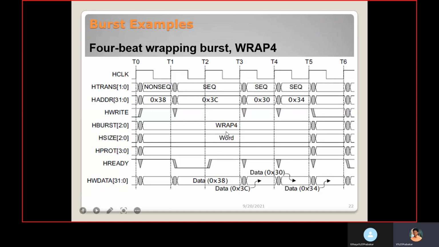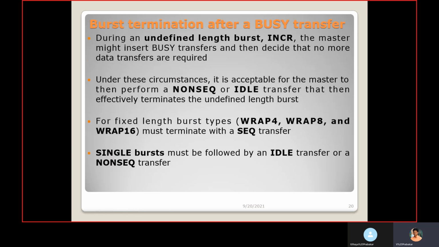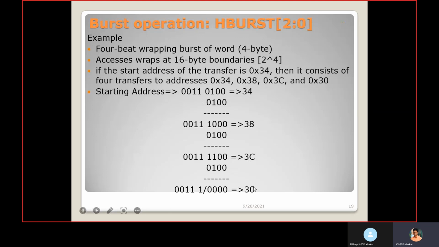You see the size is nothing but word. It will start with a non-sequential transfer. The burst starts with non-sequential, followed by sequential transfers. The starting address we are mentioning is 38. So the next address is nothing but 30. Start with 38, the next addresses will be 3C and 30.